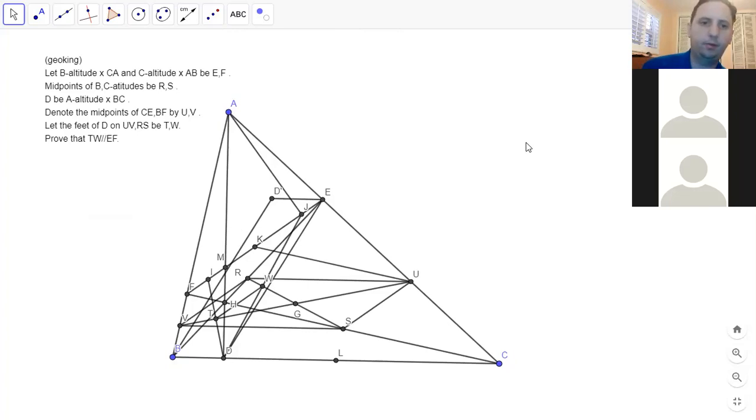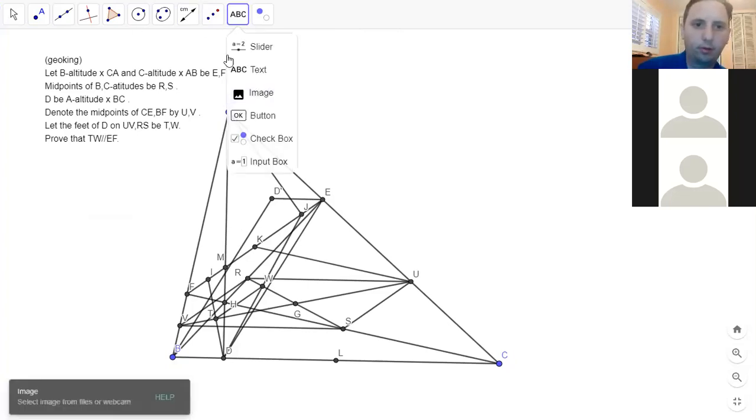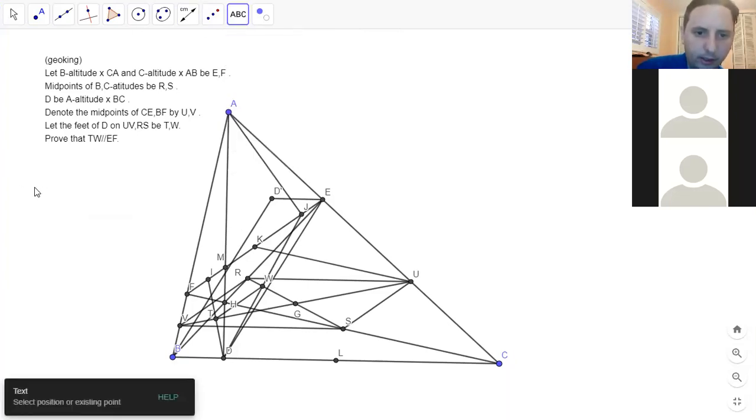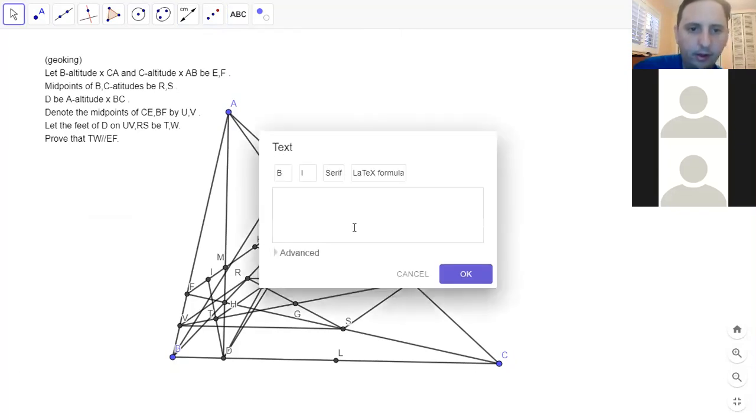Let me first outline it. First we show that JED prime is similar to JAD.